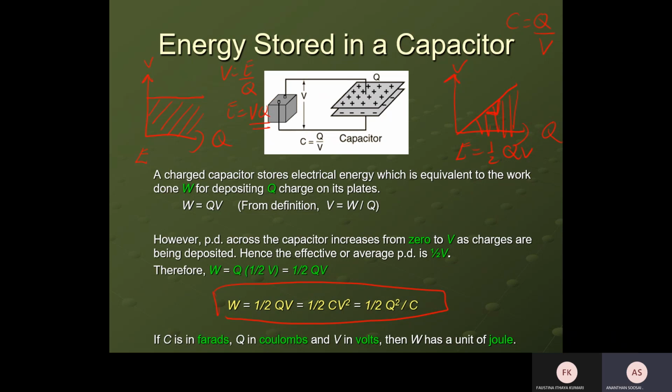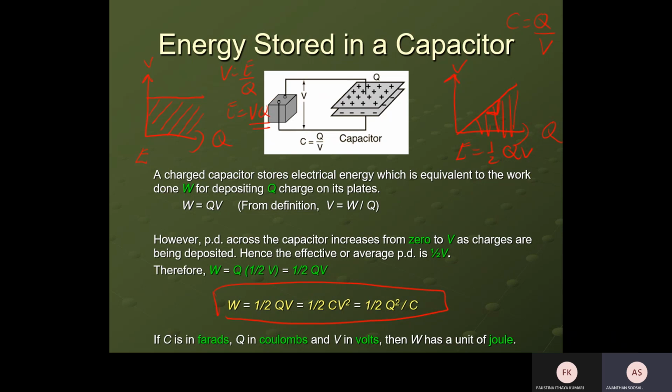When you're charging a capacitor, what is the efficiency of this process? When you use a battery to charge a capacitor, how efficient is it? The battery releases QV, the energy stored is half QV. So 50%. The efficiency of charging a capacitor is always 50%.